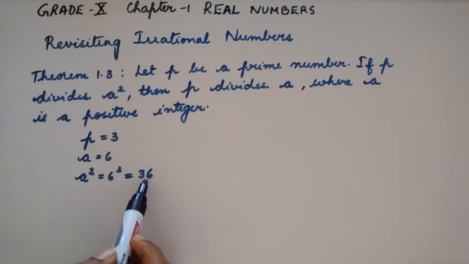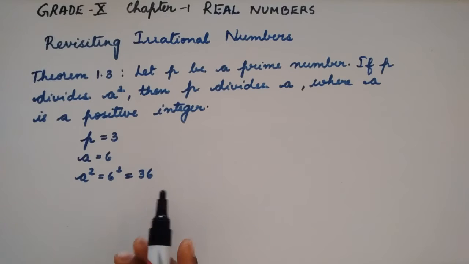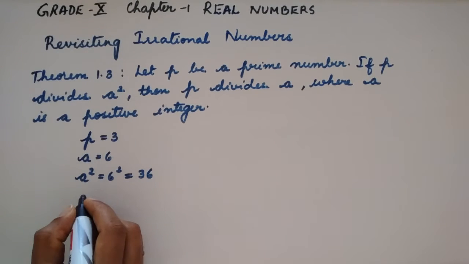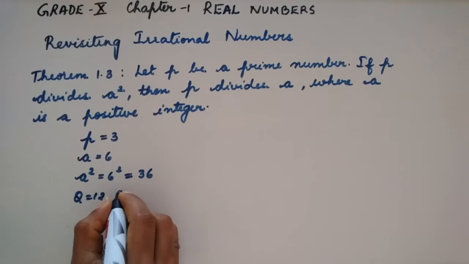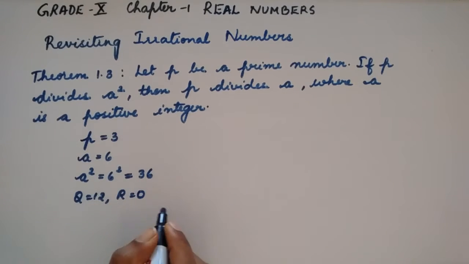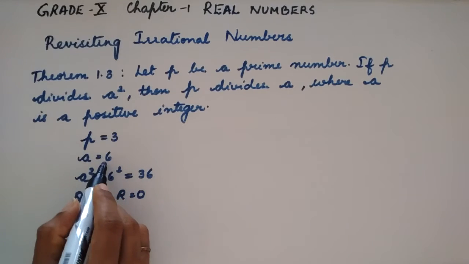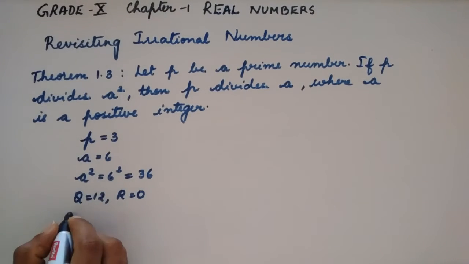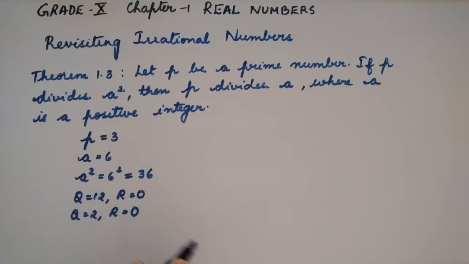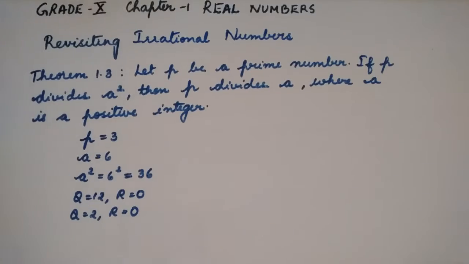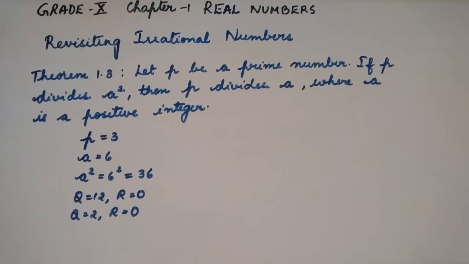If 3 divides 36, we get quotient 12 and remainder 0. And if 3 divides 6, we get quotient 2 and remainder 0. So this is a general example. Now we will write the proof of this theorem.